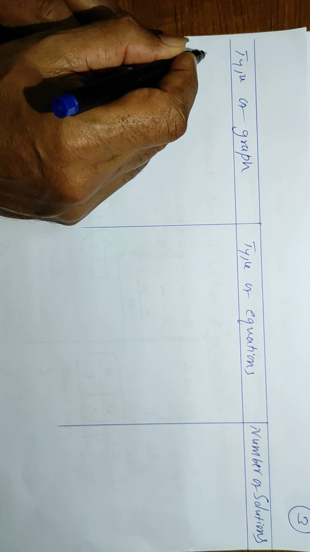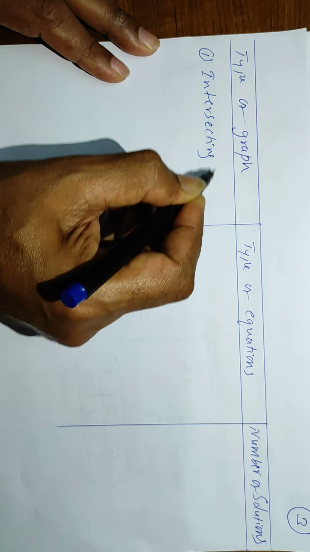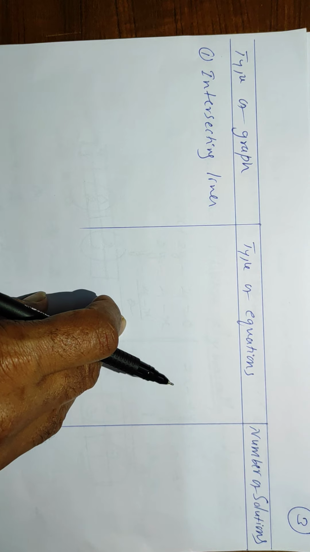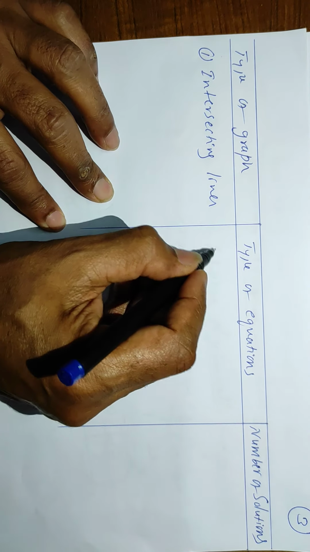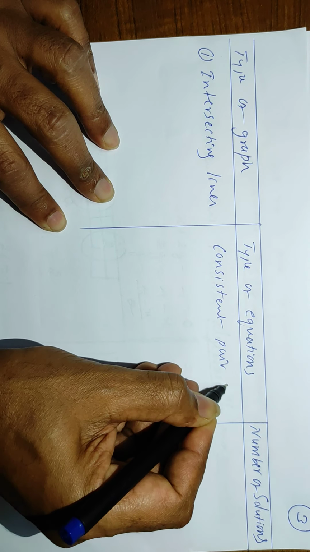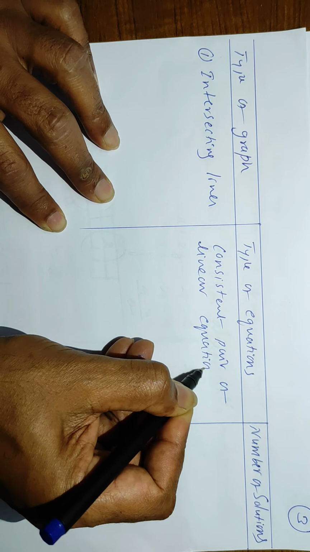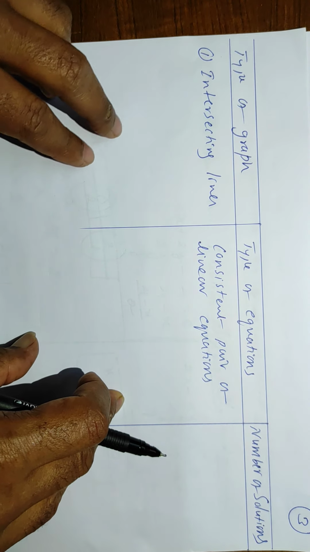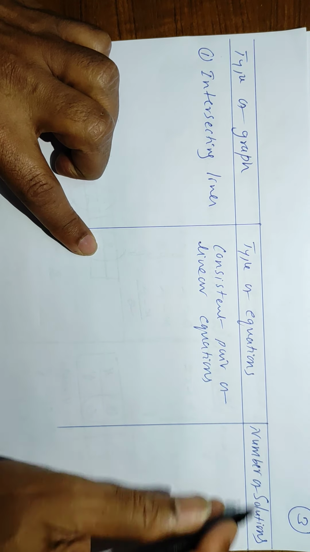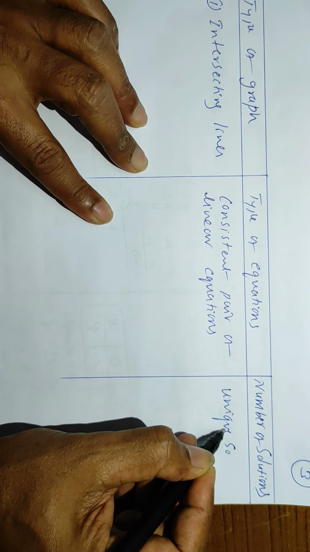If the type of graph is intersecting lines, then we call such equations a consistent pair of linear equations in two variables, and such a pair of linear equations has only one solution, a unique solution.